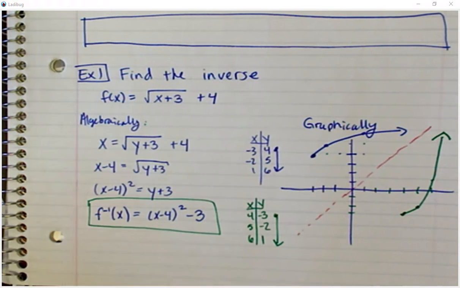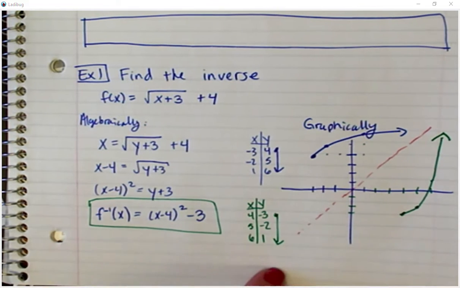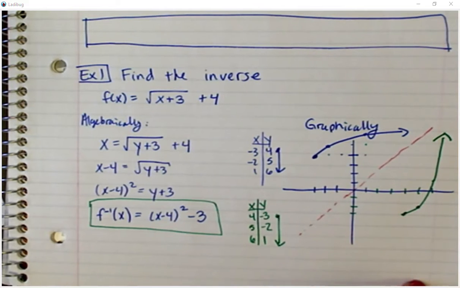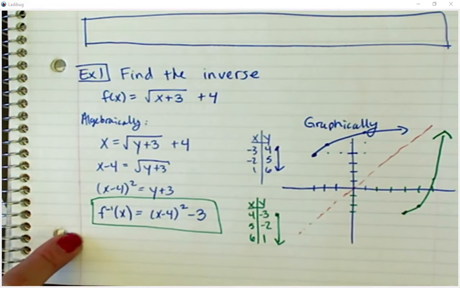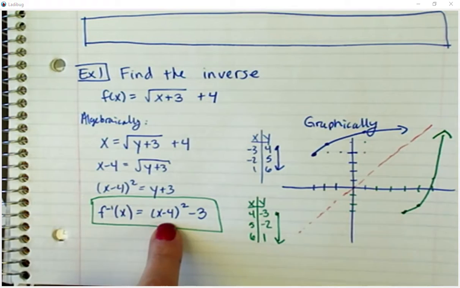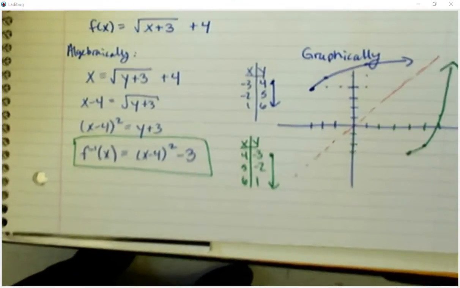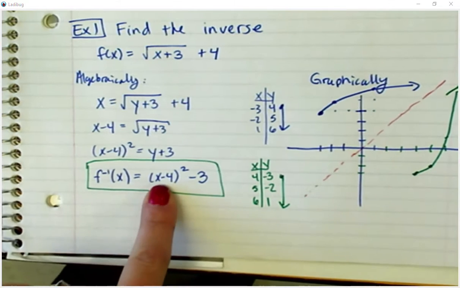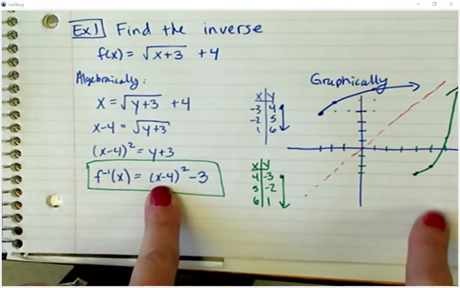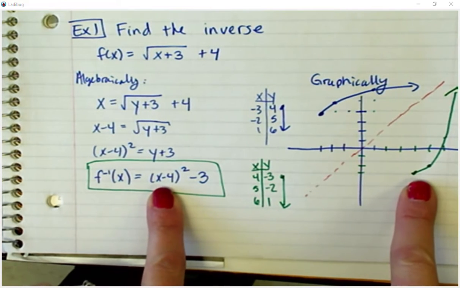But if I look at this graphically, I'm like, yeah, blue and green look like inverses. I just switched the points and I did it. But why didn't it work algebraically? Because this is a graph of a whole parabola. That's a whole parabola. There's no stopping point in the middle.